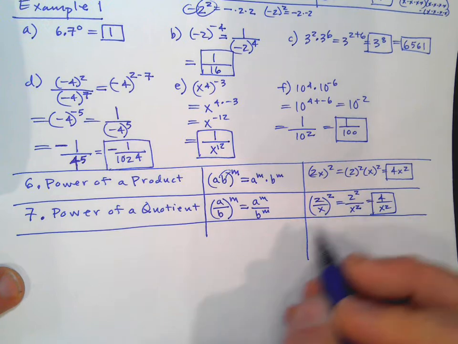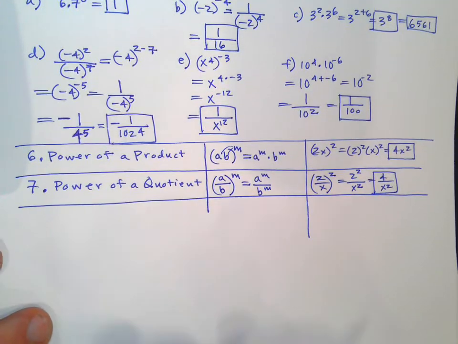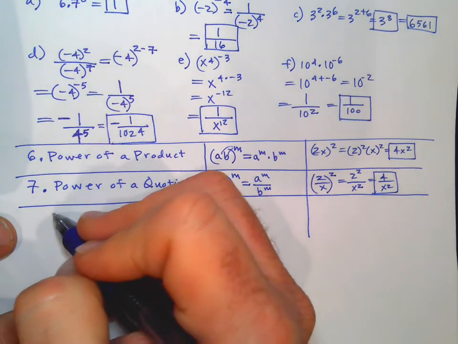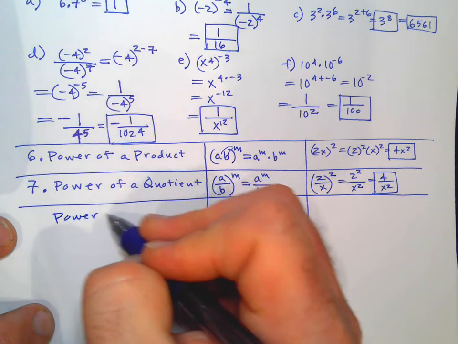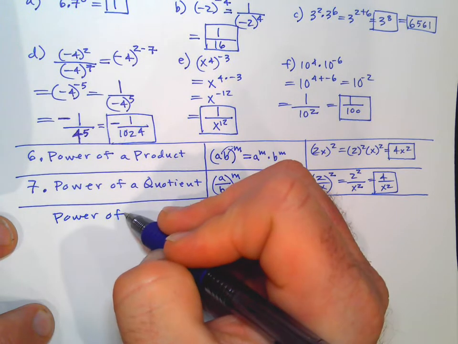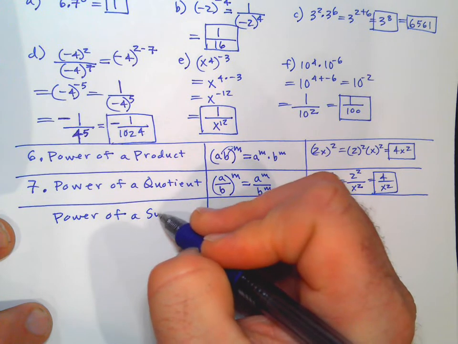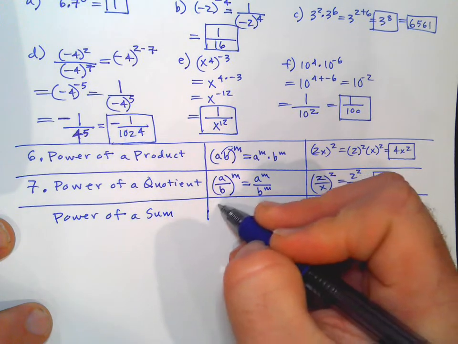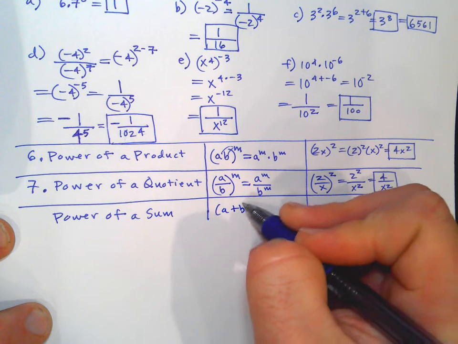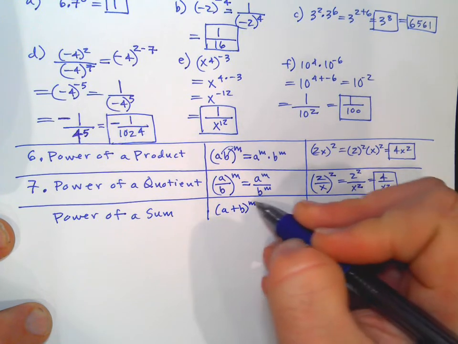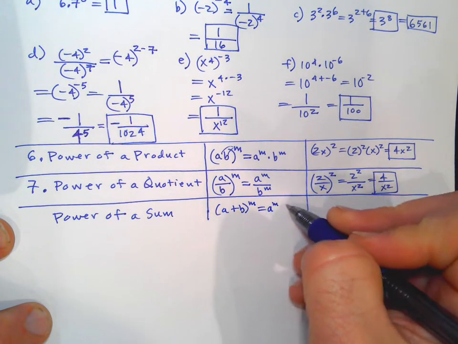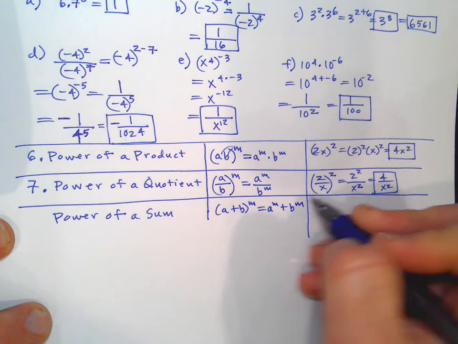Now, I'm going to add a couple of rules here that don't exist, just so you know. These are rules that people try to use that don't actually work. Power of a sum, like a plus b to the n. Some people think, oh, I could just give that to the a and to the b.